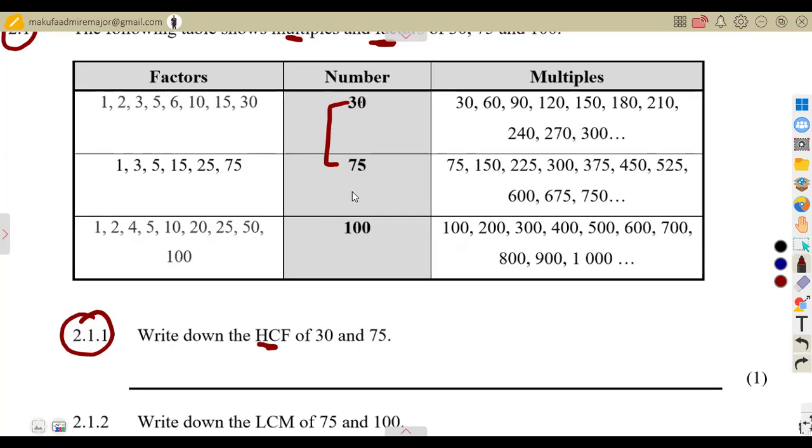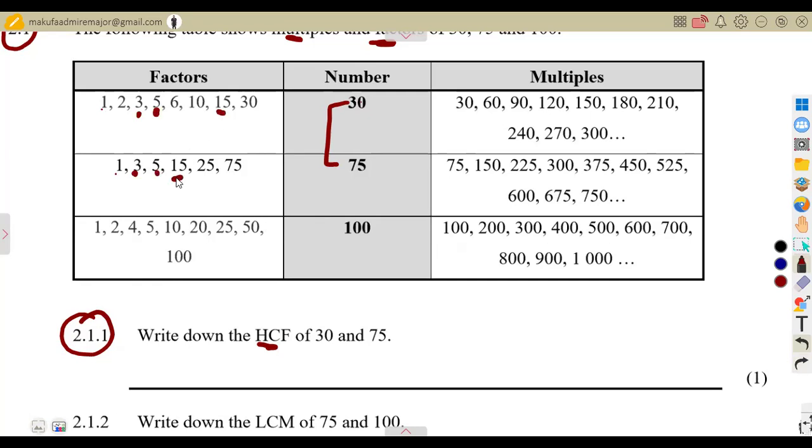So where are we having the highest common factor? The biggest number which is common between these two numbers. So you can check from 1. As you can see, 1 is common, but is not the highest number. Okay, 3 is common, but is not the highest. 5 is common, but it is not the highest.